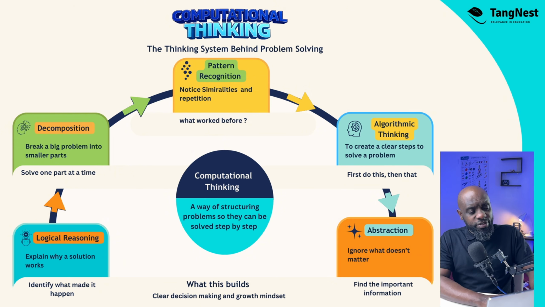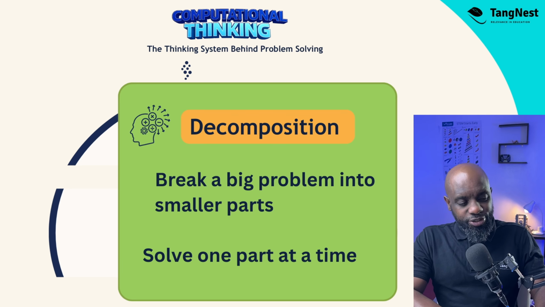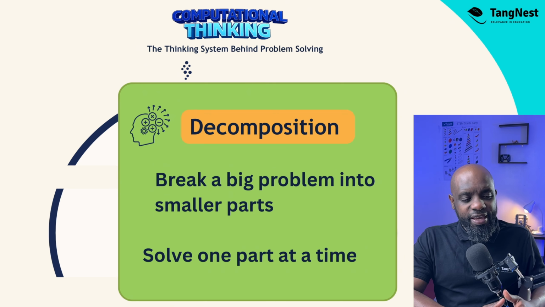Now let's start with the first thinking habit, decomposition. Decomposition means breaking a big problem into smaller parts. Instead of feeling overwhelmed, kids learn to say, let me solve one piece at a time.